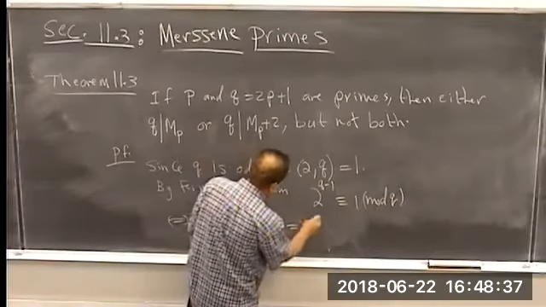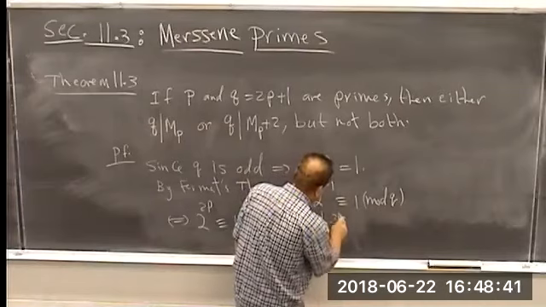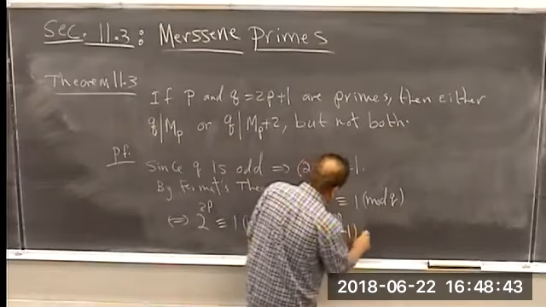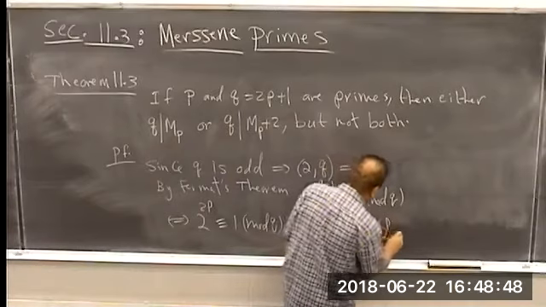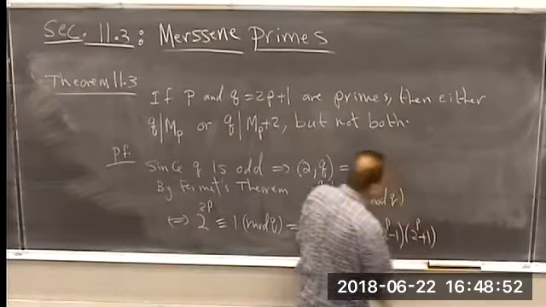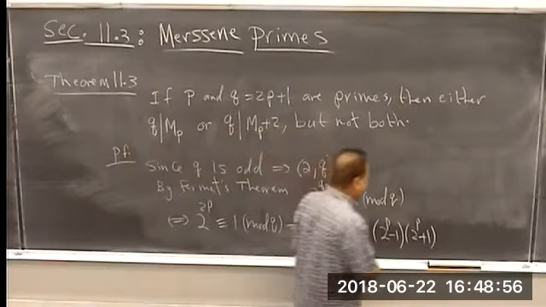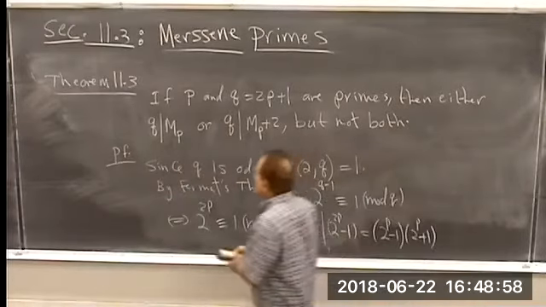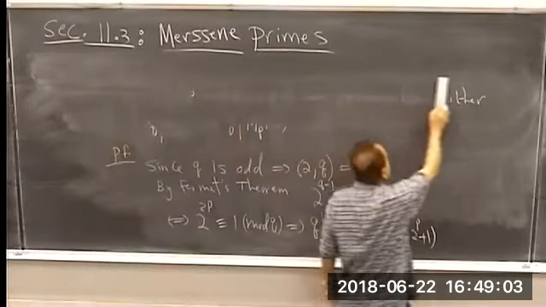And this implies that Q divides 2 to the 2P minus 1, which we can write as a difference of squares: (2 to the P minus 1)(2 to the P plus 1). And since Q is a prime, it's going to divide one of these, either the first or the second.